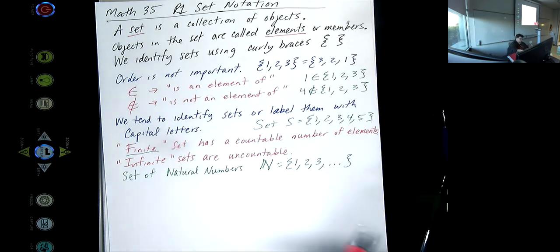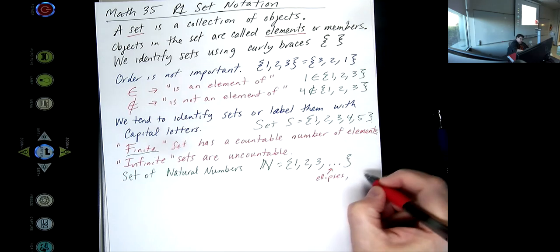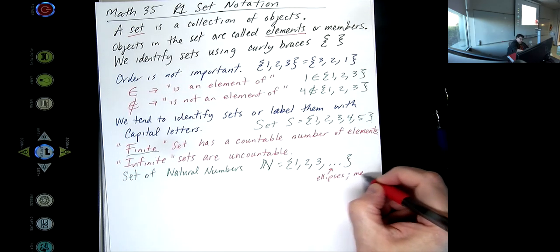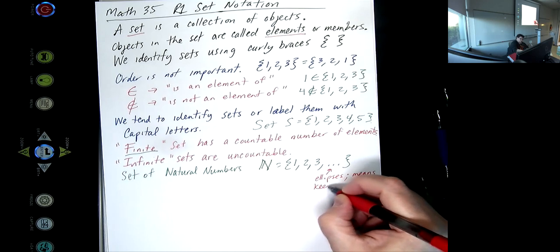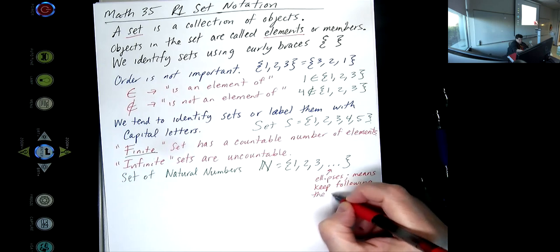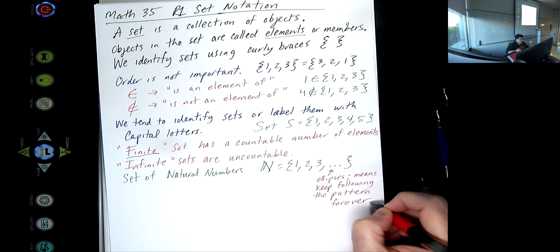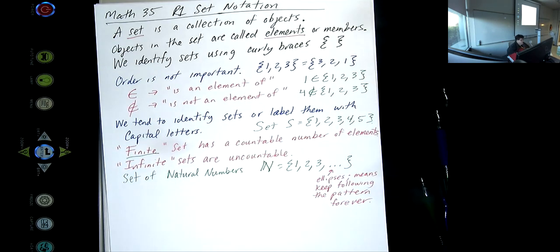This is called the ellipsis, and it means keep following the pattern without end, forever. So the pattern here is each number is going up by 1. So 3 goes up to 4, 4 goes up to 5, and so on and so forth. So the set of natural numbers is infinite. There is no final number.